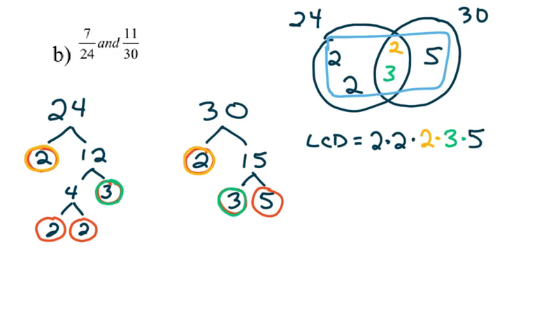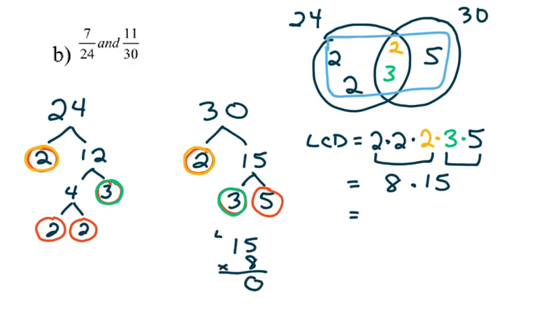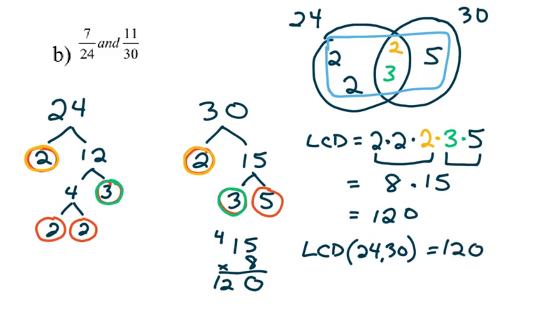So I'll multiply these 3 2's together and I get 8. I'll multiply the 3 and 5 together and get 15. And then I'll multiply 8 times 15 without my calculator. But if you needed a calculator, that's okay. This is 40, 80, 90, 100, 110, 120. So the least common denominator of 24 and 30 is 120.